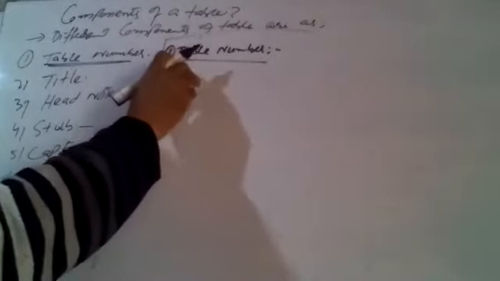These numbers must be very clear and in the same order as the tables. It helps us in the location of the table. So this is a very important part of the table.